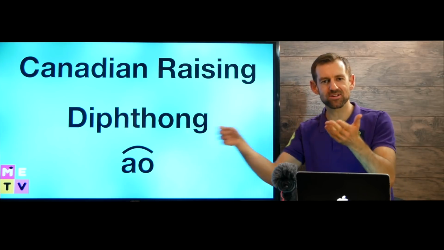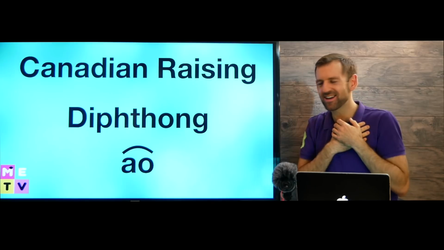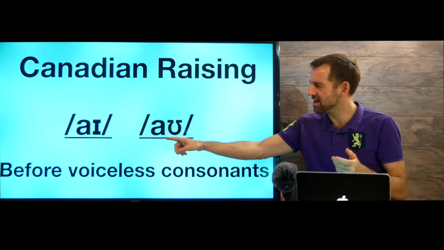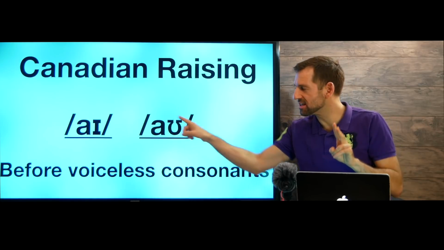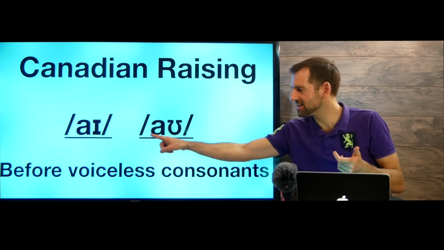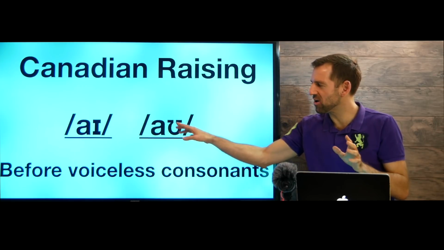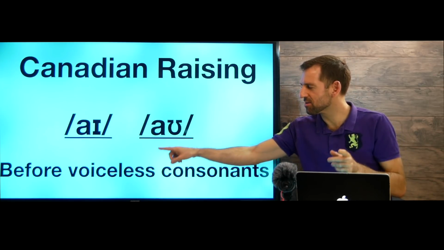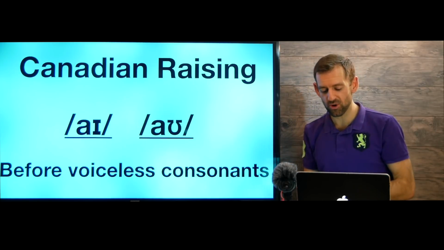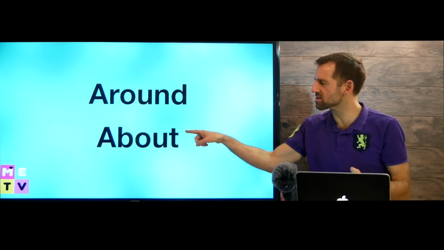Like if someone hits you, you can say ow. Now, Canadian raising is when Canadians change these two diphthongs, I and ow. Now, we change these before voiceless consonants.